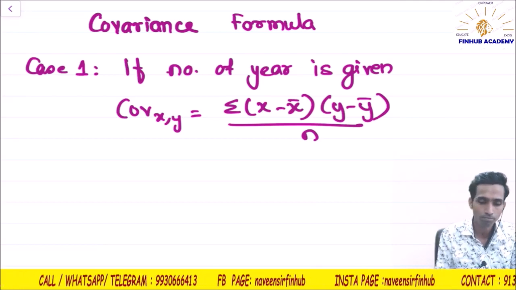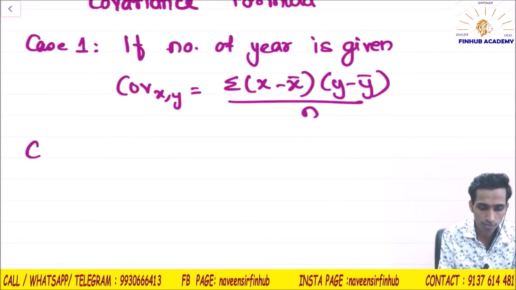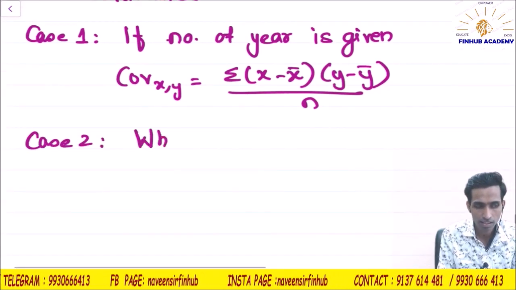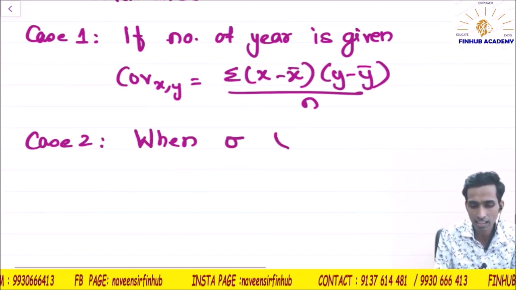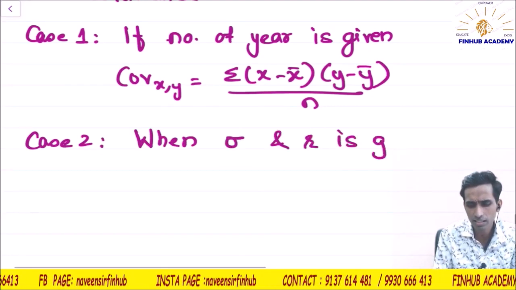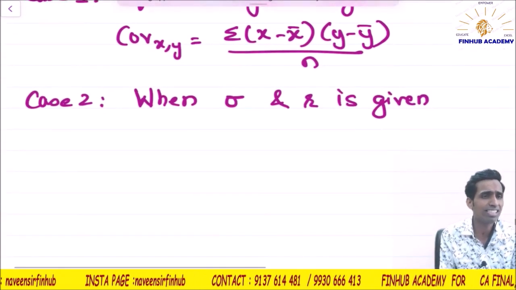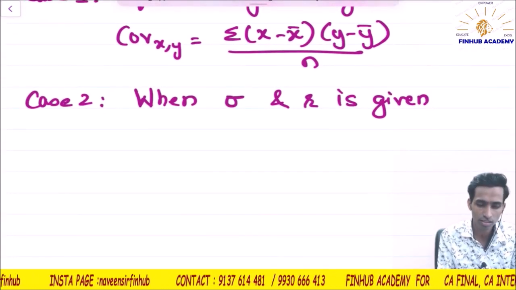Case 2: when standard deviation and R are given. What is R? Correlation. Instantly it should come. Understood?